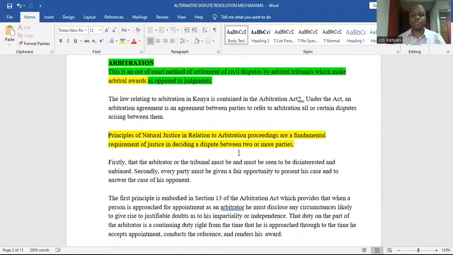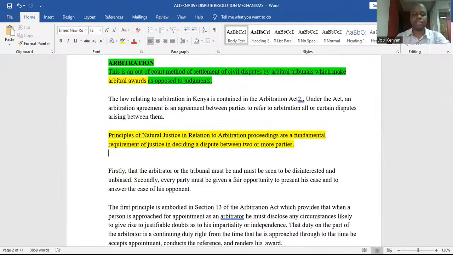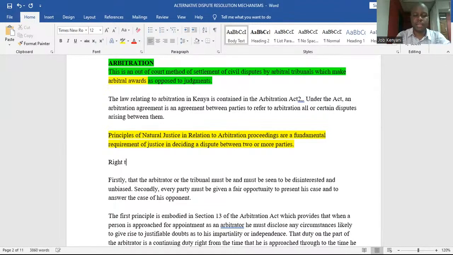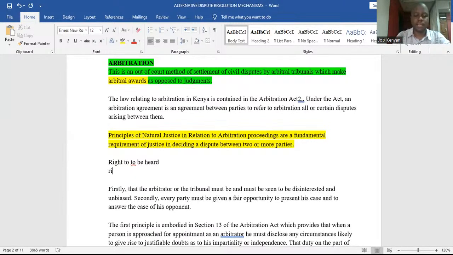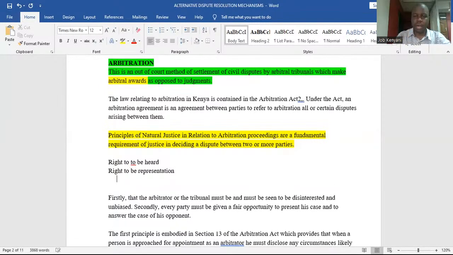When you talk about the fundamental principles of natural justice, we could be talking about, for example, the right to be heard, the right to be represented, the right to present evidence or any other relevant information.